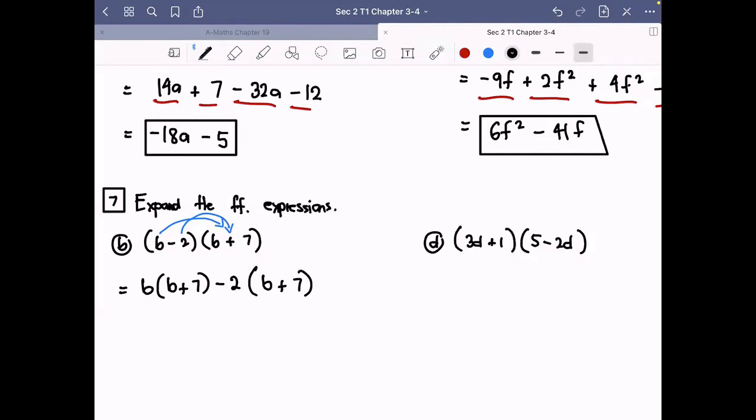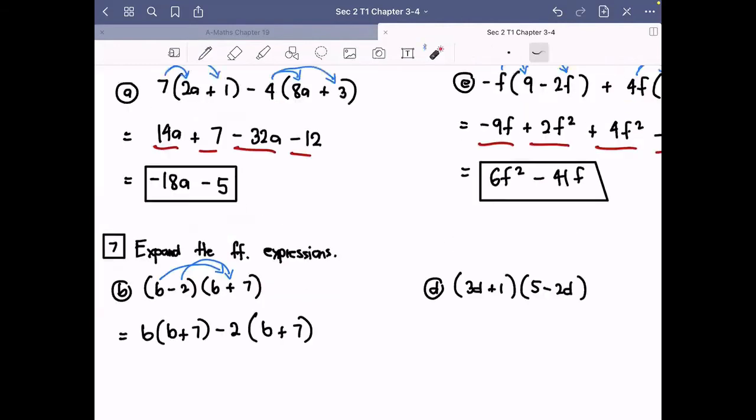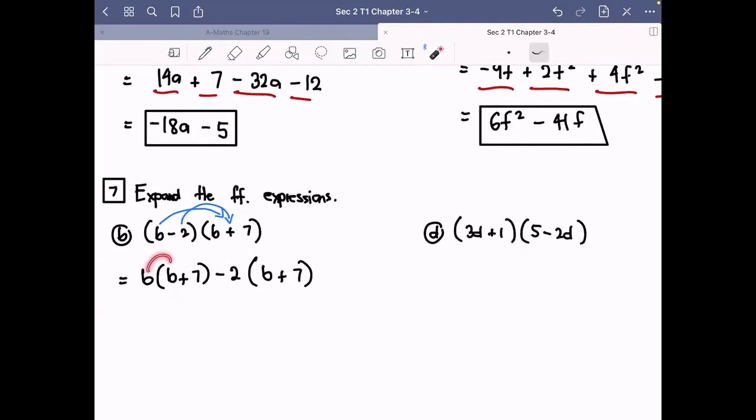Just like in our previous examples, we need to distribute this inside the brackets before we can simplify them. So B times B is B squared plus 7B, and then minus 2B, then minus 14.